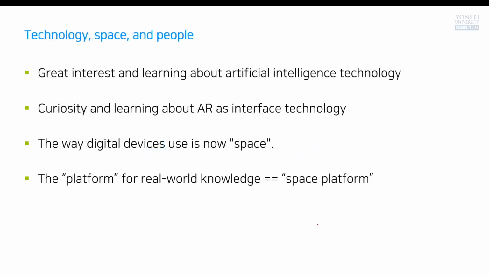In a nutshell, we are dealing with technology. We are living in space. People-centric approaches, okay? Great interest and learning about artificial intelligence technology. That's exactly what you need. Even if you didn't know anything about Google Colab, TensorFlow, image recognition, no problem.